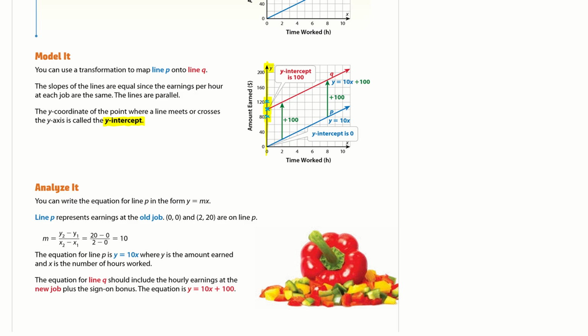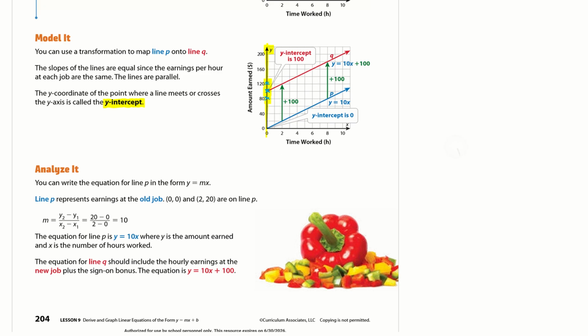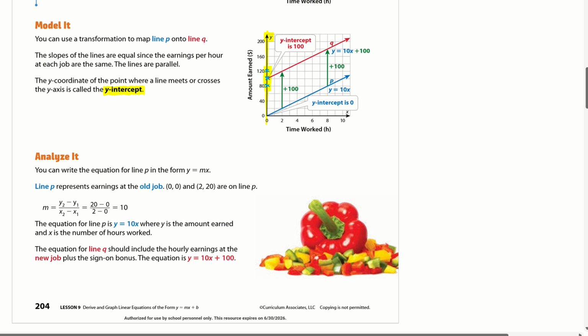All right, the analyze it. You can write the equation for line P in the form y equals mx, right? So just like we did last class, line P, that's the blue line that goes through the origin, can be written in the form y equals mx.